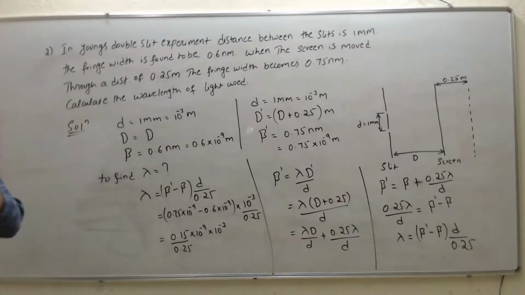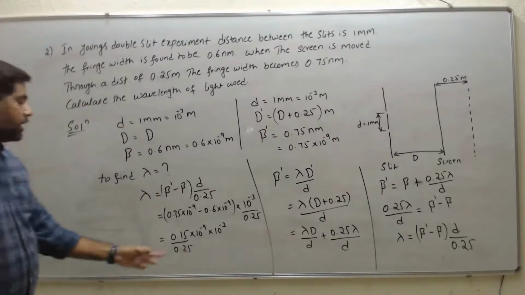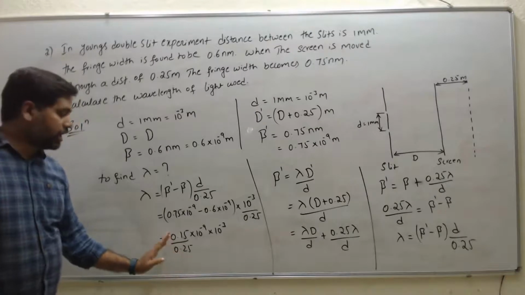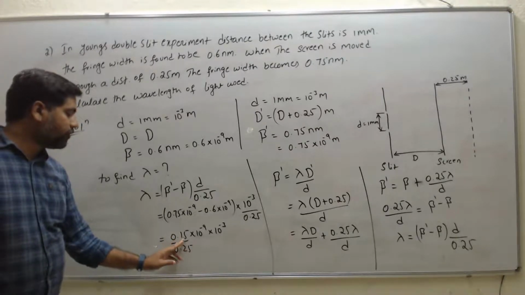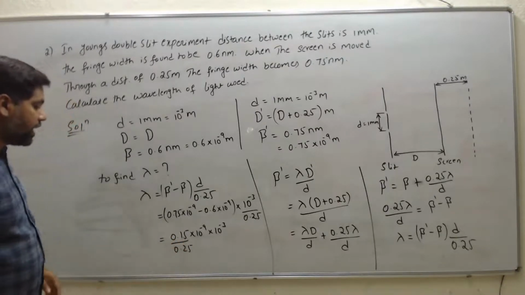So if we simplify, it becomes 15 divided by 25, if we shift the zeros.